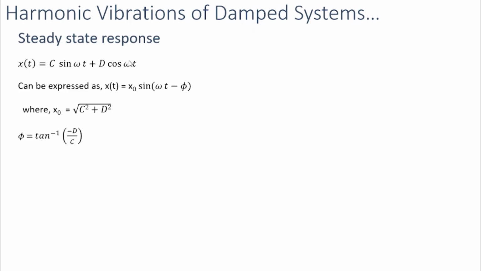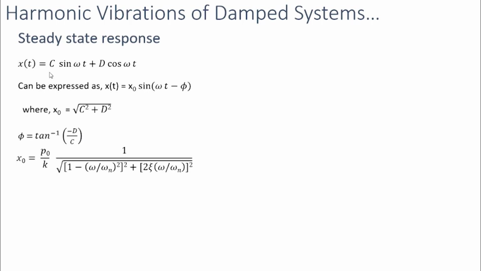So this sine and cos terms can be written as a sine term with some phase angle. And here x naught is equal to the square root of c square plus d square, and the phase angle is tan inverse minus d by c.